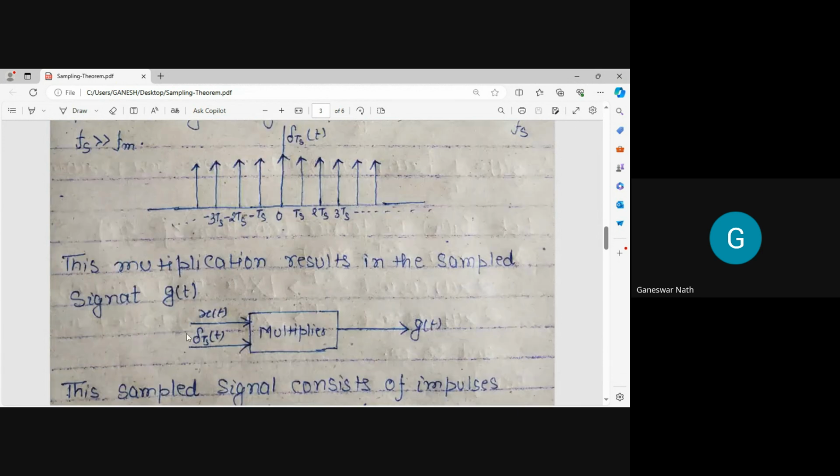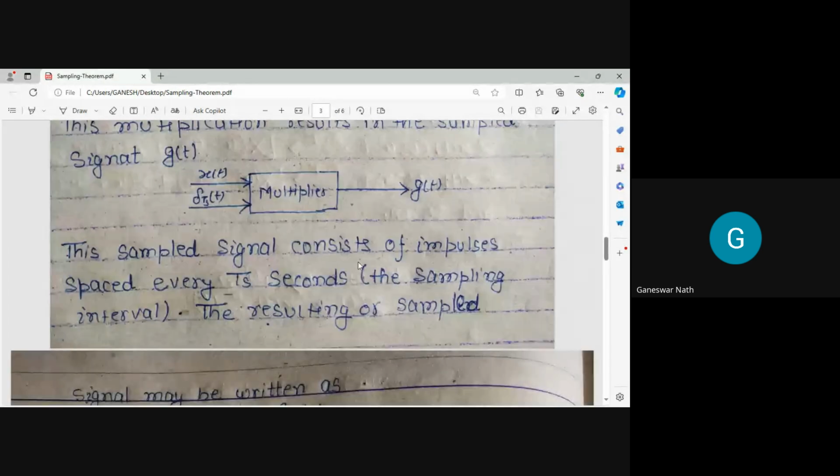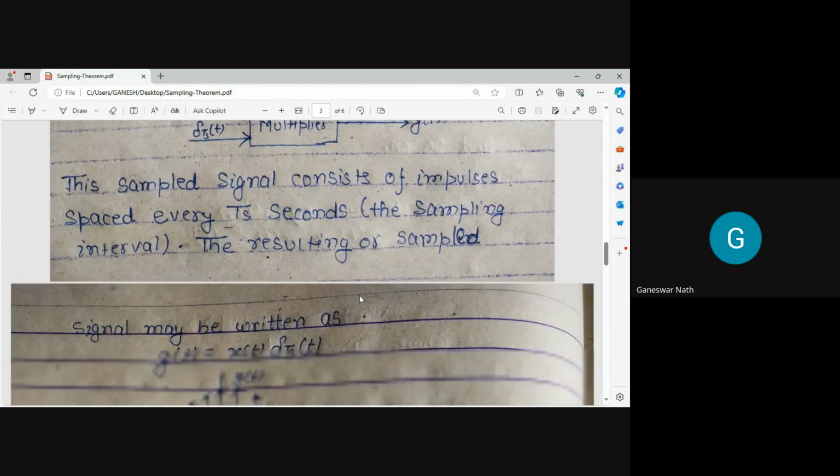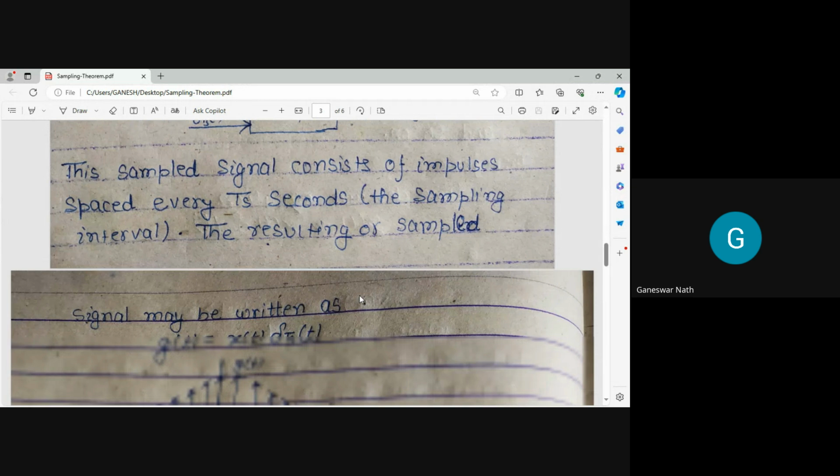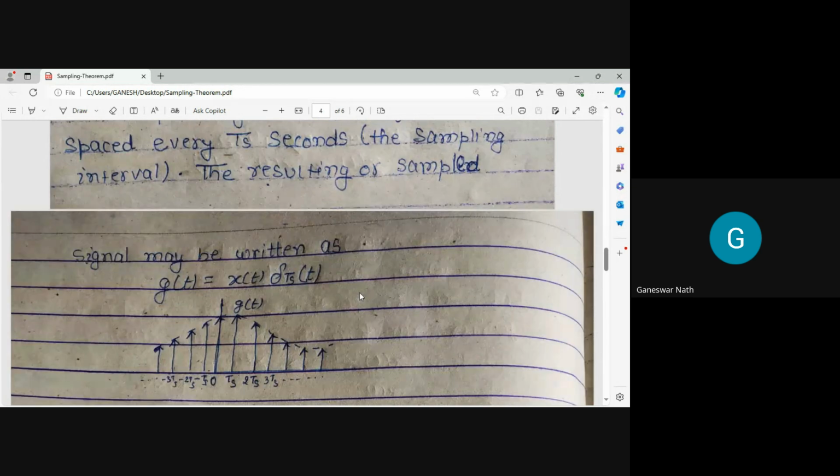That means when you multiply this, we get another signal, gt, and this is the output of the multiplier. This sampled signal consists of impulses spaced every ts seconds, the sampling interval, and the resulting sampled signal may be written as gt is equal to xt delta ts t. So we get this by multiplying xt with the sampling signal.